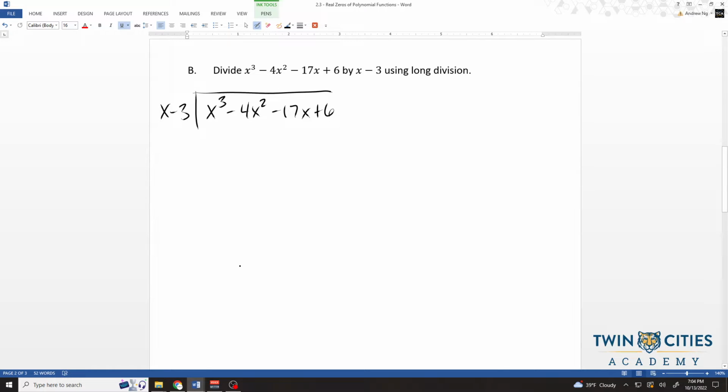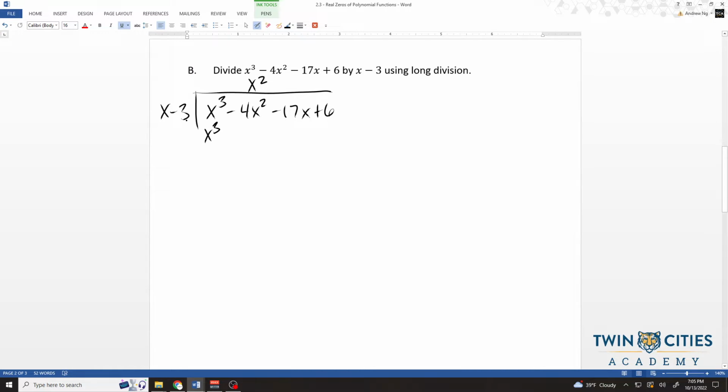Then I follow 4 steps and I repeat these 4 steps over and over until I come to my solution. X to the third divided by x, the first term on the inside divided by the first term on the outside, is going to give me x squared. I'm going to put that in my x squared column. Then take this and multiply to all the terms on the outside. So x squared times x gives me x to the third.